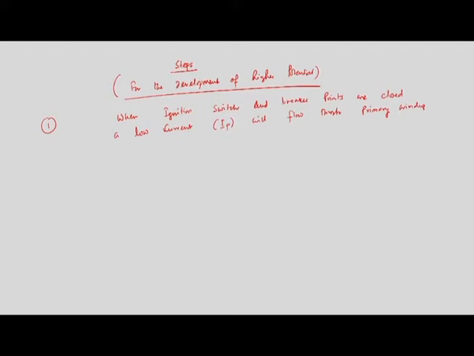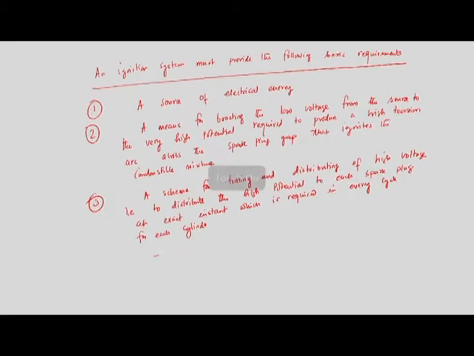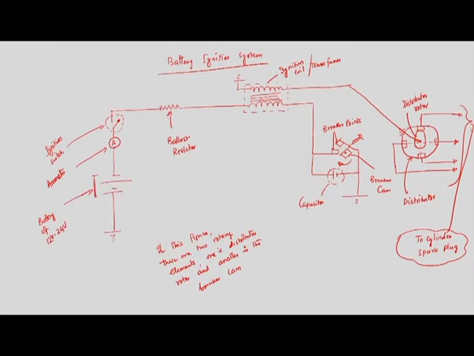If I go back to my previous slide where the schematic is shown, when the ignition switch and breaker points are closed, a low voltage current IP will flow through the primary winding. We have one primary and secondary winding in the ignition coil.